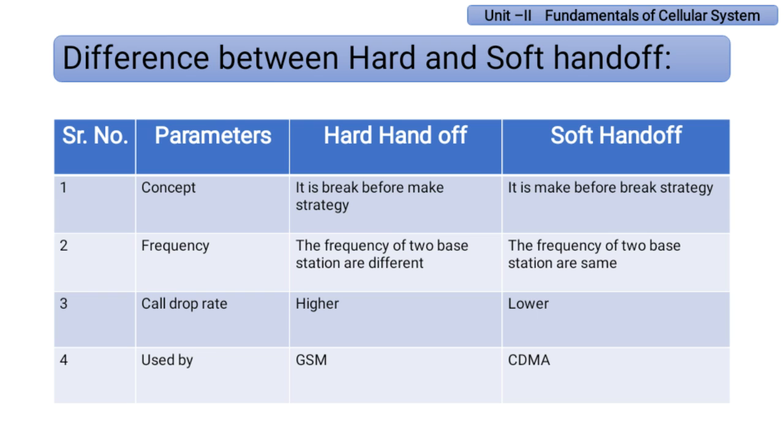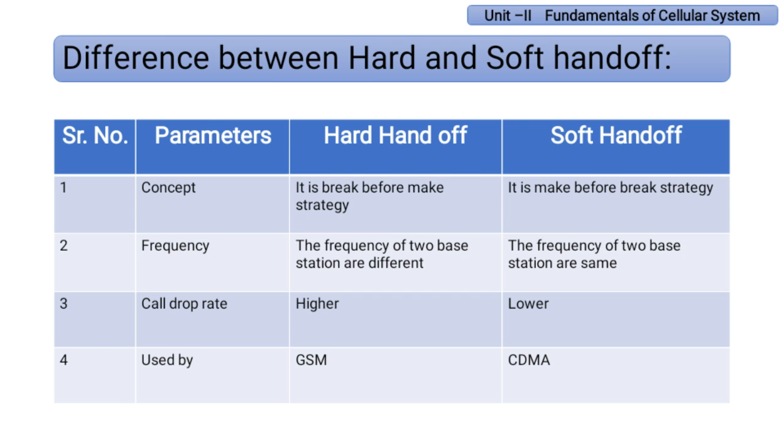The concept used in hard handoff is break before make, and in soft handoff it is make before break. The frequencies of the two base stations are different in hard handoff and the same in soft handoff. Call drop rate is higher in hard handoff and lower in soft handoff. Hard handoff is used in GSM and soft handoff is used in CDMA.